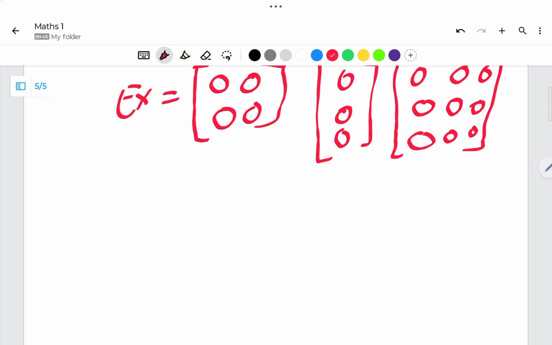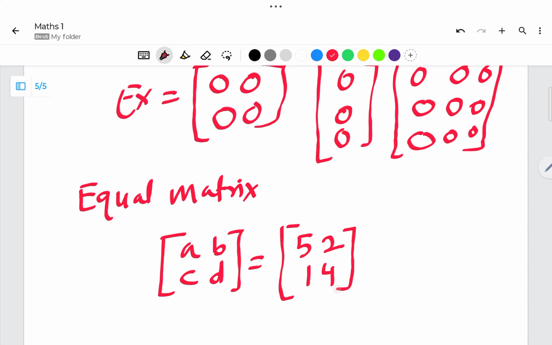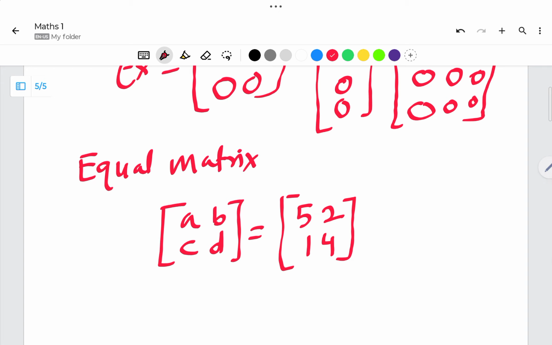Then equal matrix. If I write an example, A B, C D is equal to 5 2, 1 4, then if these two matrices are equal, they have the same order and corresponding elements are equal. In other words, one is exactly a duplicate of the other.